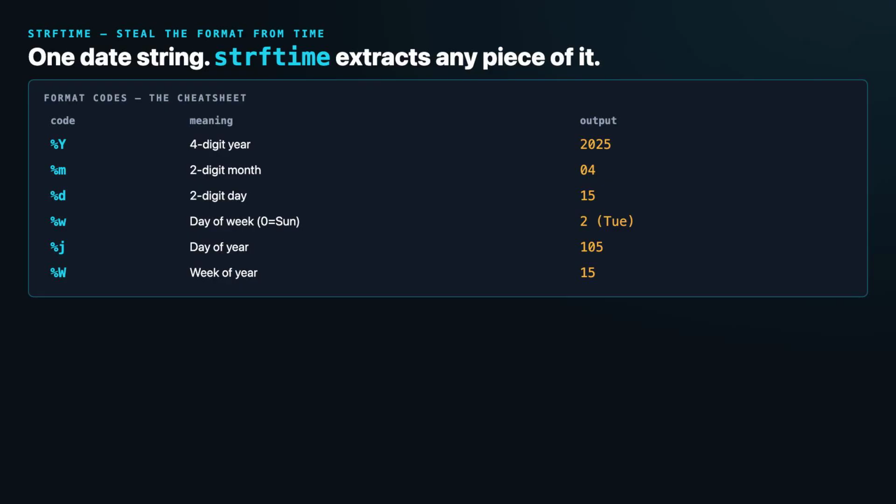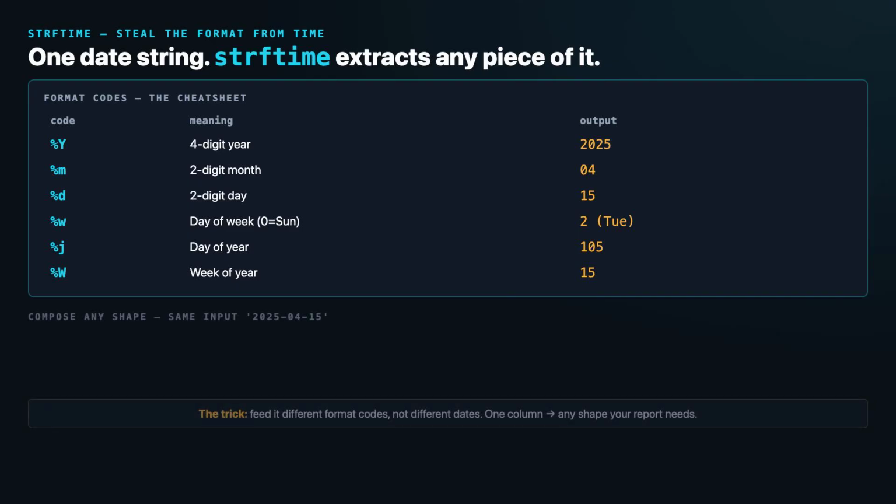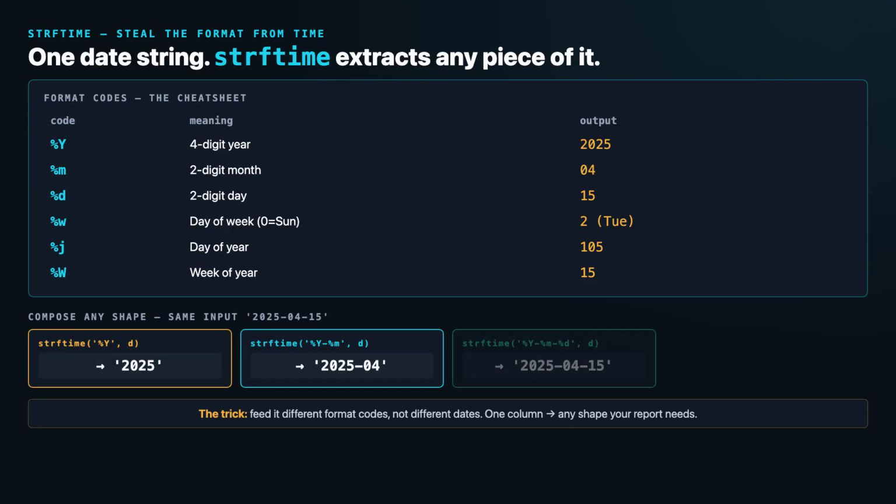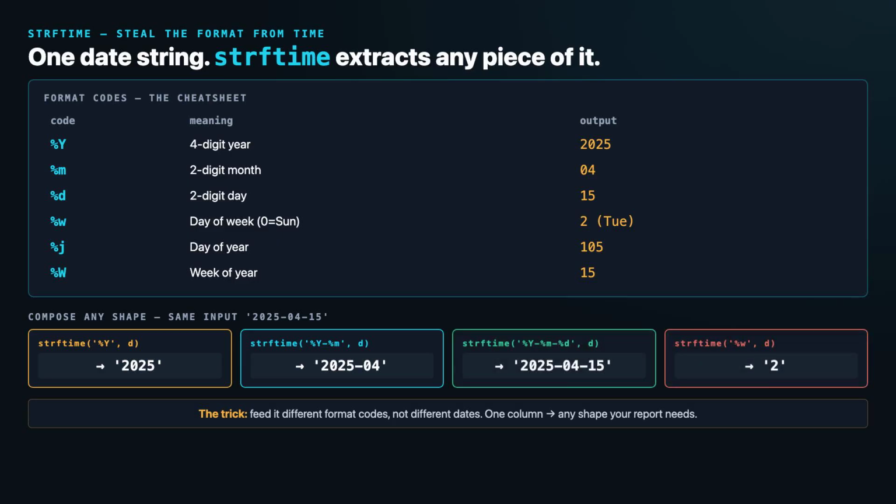%Y for the year, %m for the month, %d for the day, %w for day of week, where 0 is Sunday, %j for day of year, %W for week of year. The trick is composition.